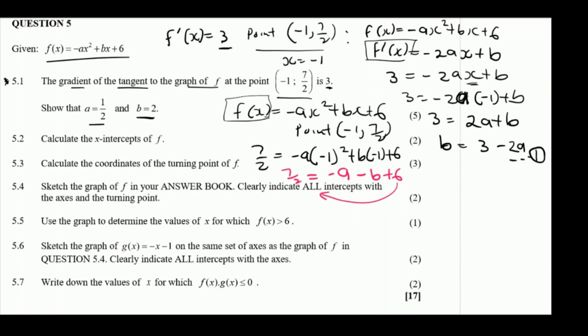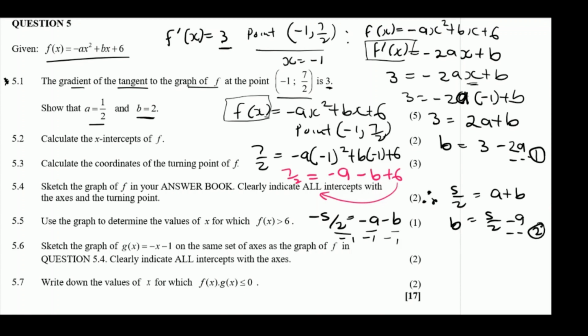Then you transpose the 6 to the other side, you will have minus 5 over 2 equals minus a minus b. Then you divide all sides by negative, then you're going to have 5 over 2 equals a plus b. Then you write it in terms of b. b equals 5 over 2 minus a. This is your equation 2.